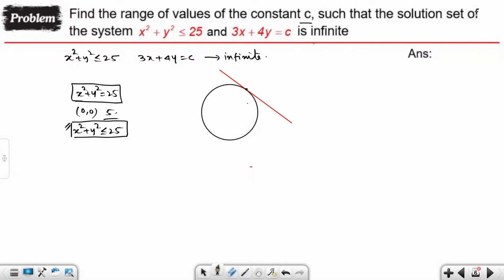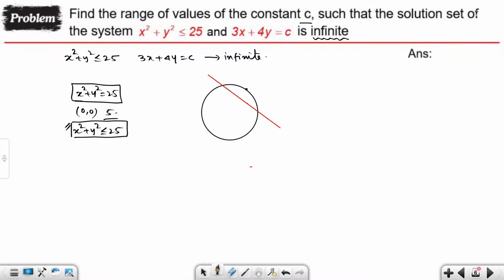Okay, but what is the question? We want infinite solutions. So it is very clear to us that this line should definitely be a secant to this circle.